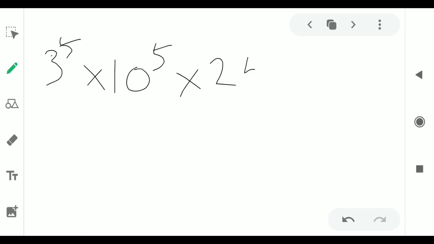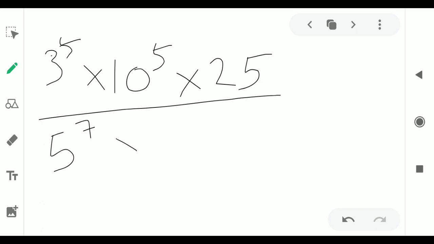Suppose 3 to the power 5 into 10 to the power 5 into 25 by 5 to the power 7 into 6 to the power 5.